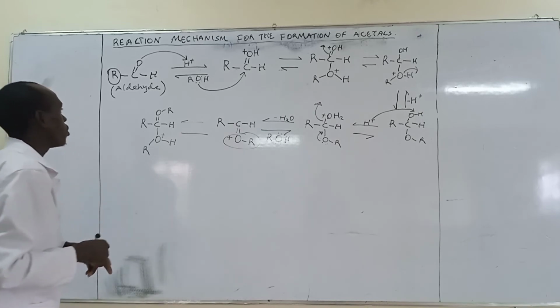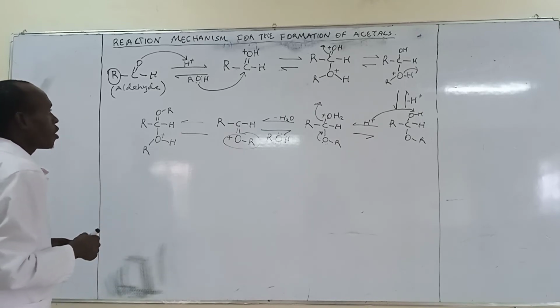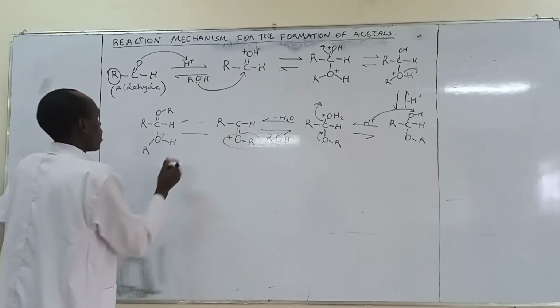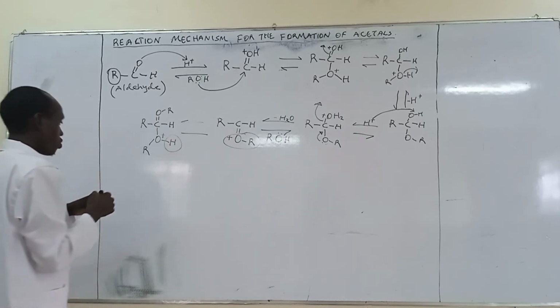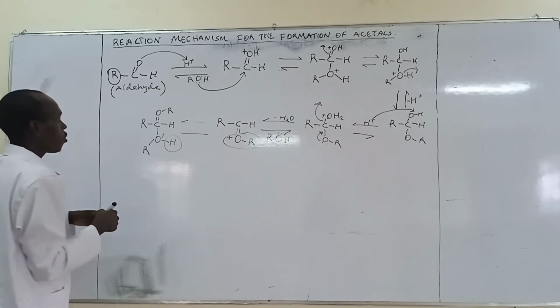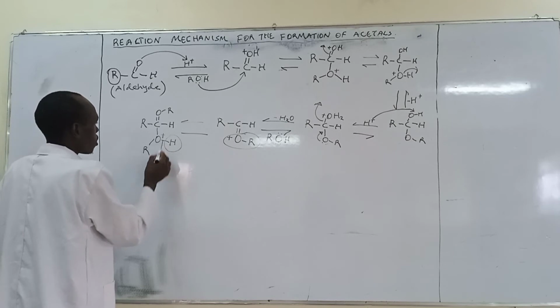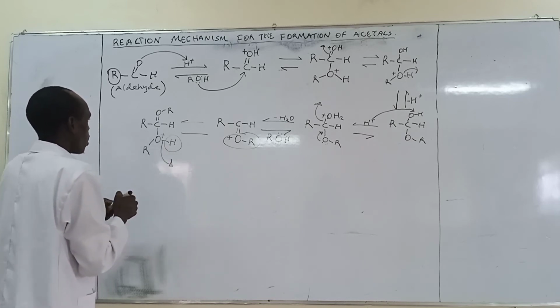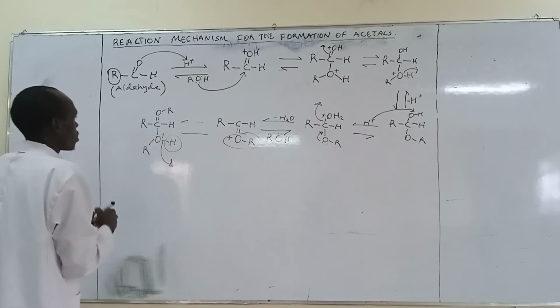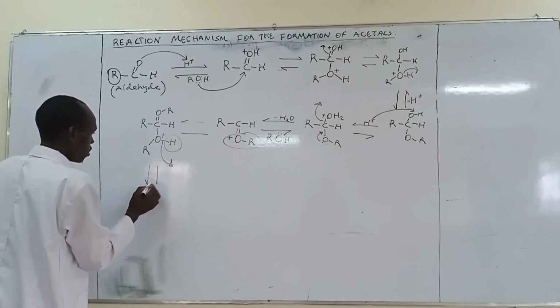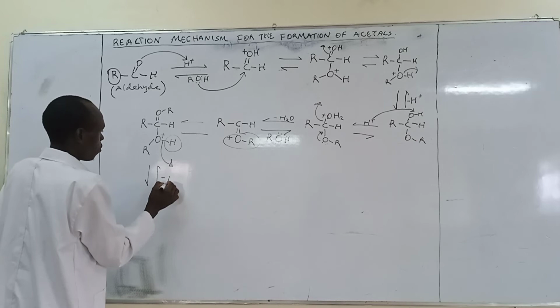And how are we going to remove it? So we are going to remove it by removing this hydrogen ion. So we are having the removal of hydrogen ion, so that this bond can collapse, this bond can leave, so that we remain with the 2 bonds there. So we shall have this here. This is the removal of hydrogen.